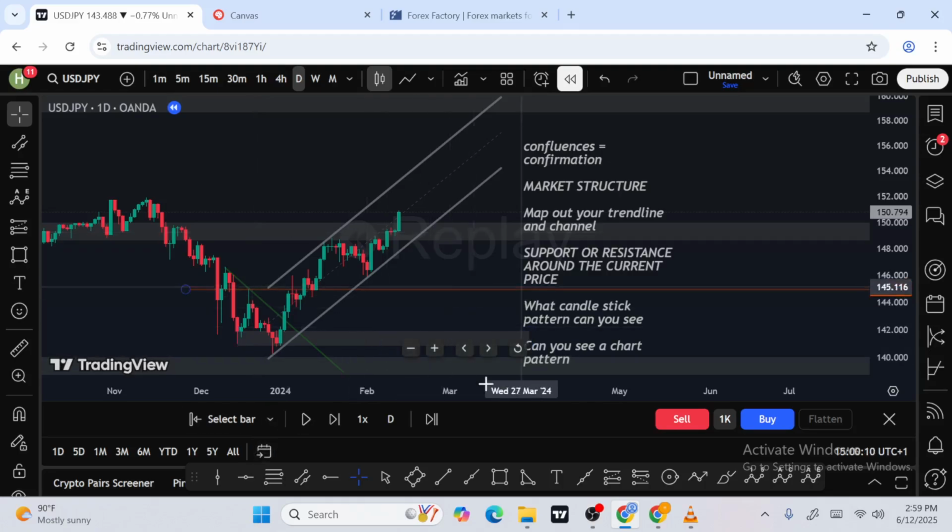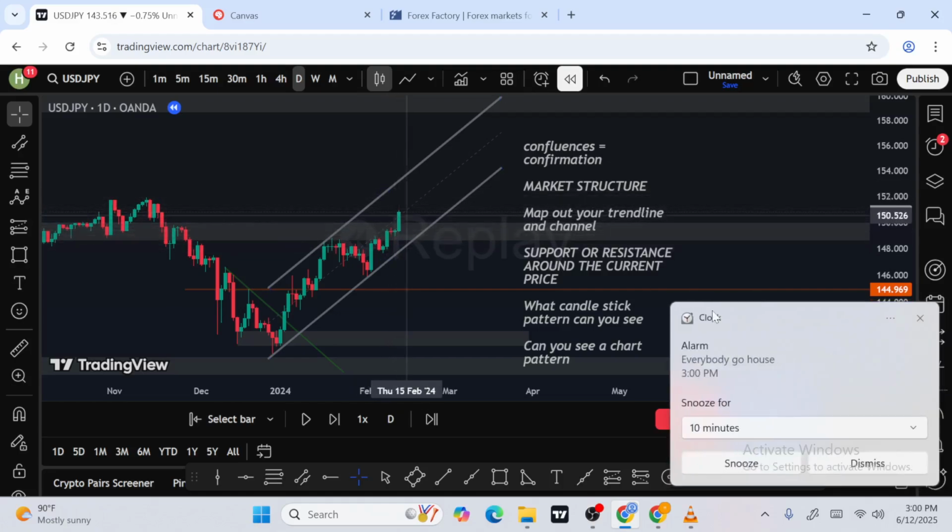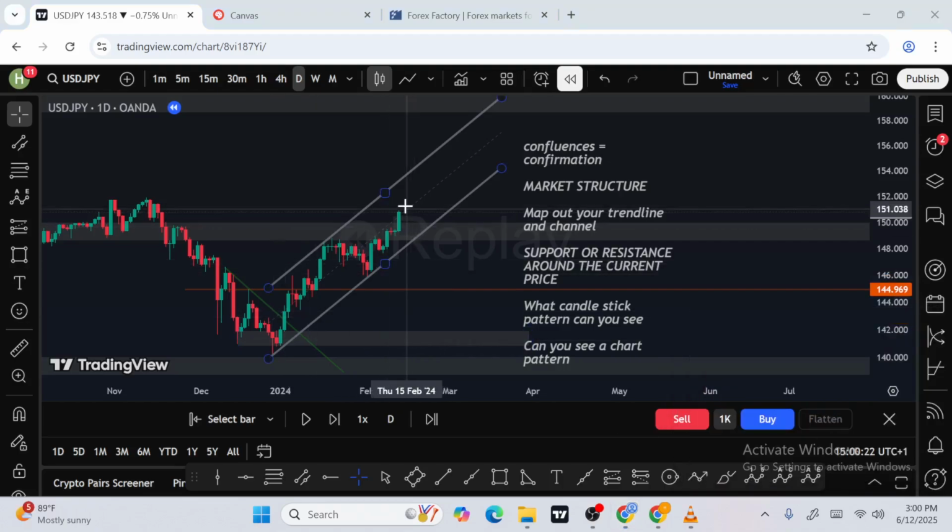Are we following? Now, what candlestick pattern can you see? A bullish engulfing bar, or you can call it a what? A bullish marubozu. And a bullish marubozu tells you what? A continuation. So I'm still expecting this market to go all the way up to come and test this what?